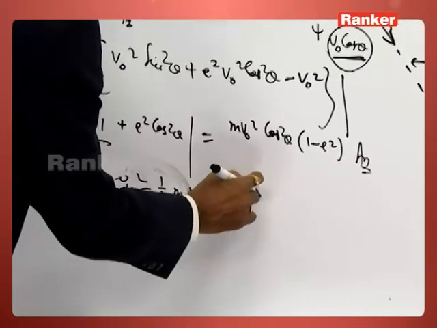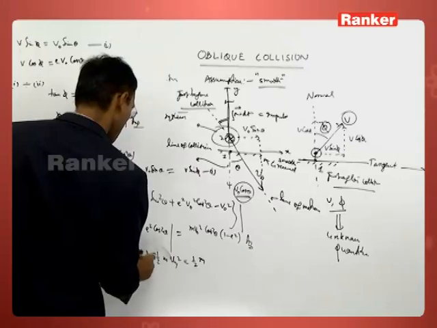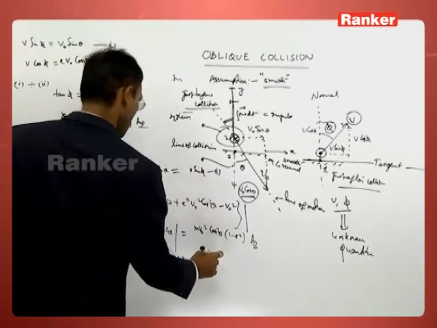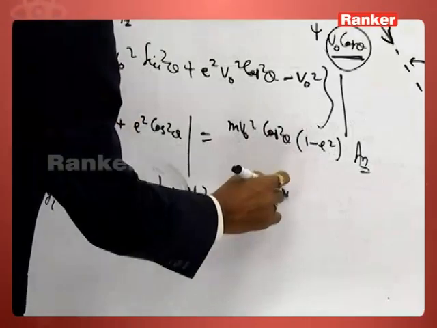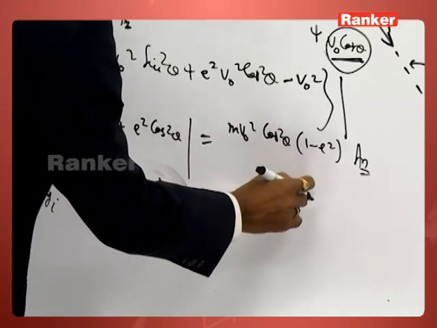You take half m common, Vy equal to e into Uy.